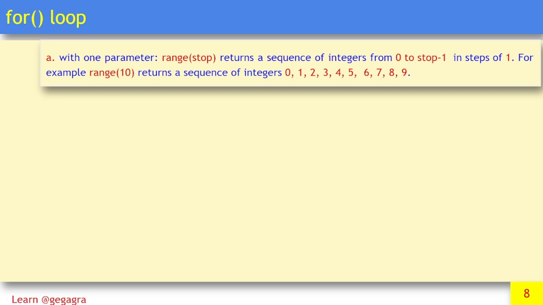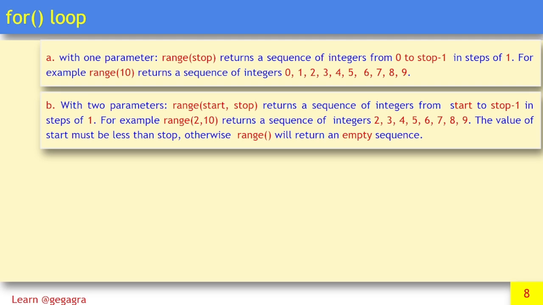The value of stop was 5, so 5 minus 1 is 4. It generates this sequence in simple steps of 1. For example, range 10, where this is the stop value, returns a sequence of integers 0 to 9.